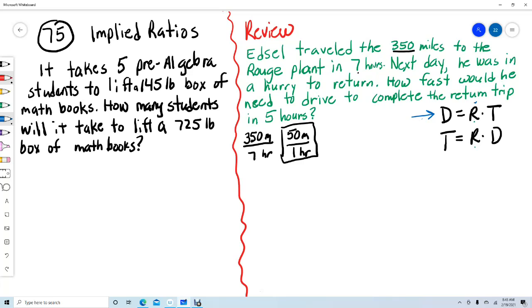So I'm going to choose this equation here to find my answer. Distance equals rate times time. Let's see. So we're given the distance. It's 350 miles equals, we need the rate, and we're given the time. He's got to return in 5 hours.